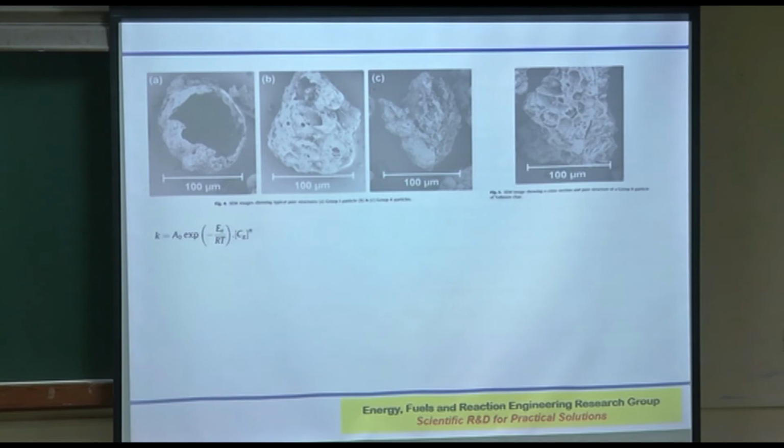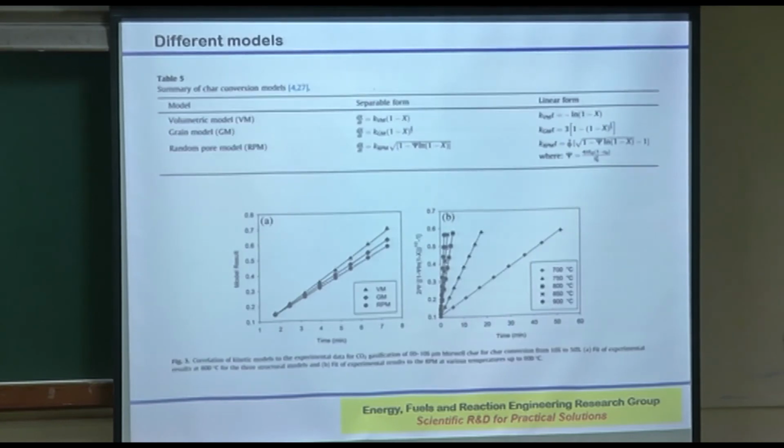So anyway, let's stick to this. This is more about the last model, the random pore model, and this parameter psi is what she is plotting against for different temperatures. And it looks like at all of those temperatures, that particular model is also applicable, right?